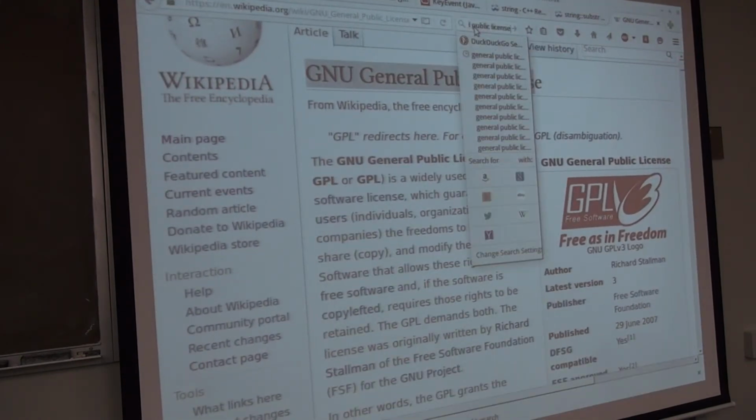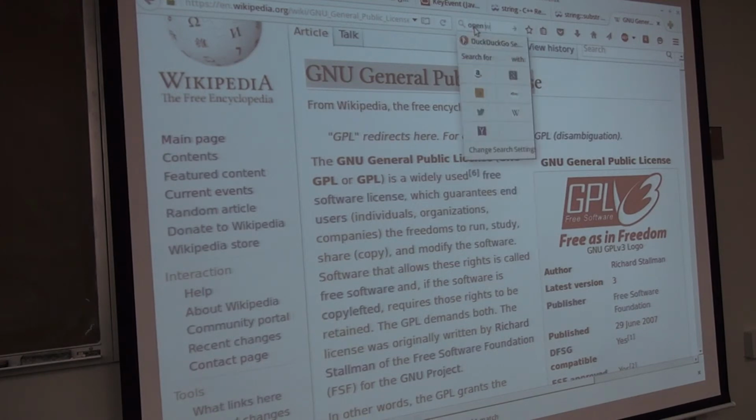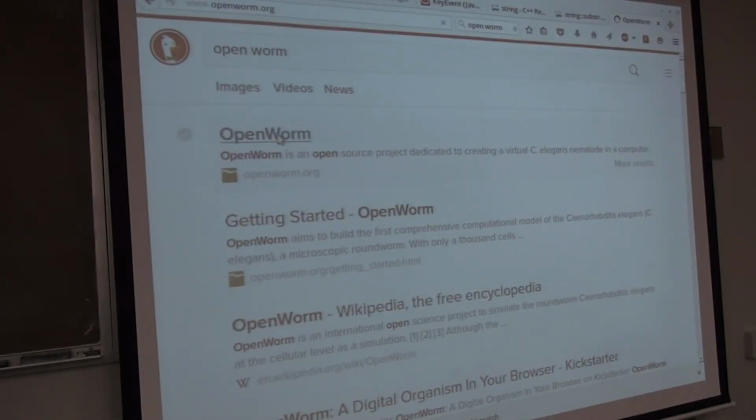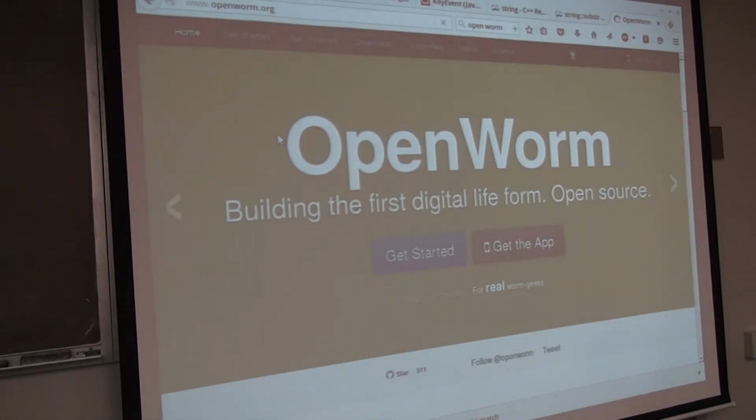Okay. OpenWorm. Anybody seen this before? Okay, so there's a creature called the C. elegans nematode roundworm. It happens to be the simplest creature that we've been able to find on planet Earth that has a nervous system.